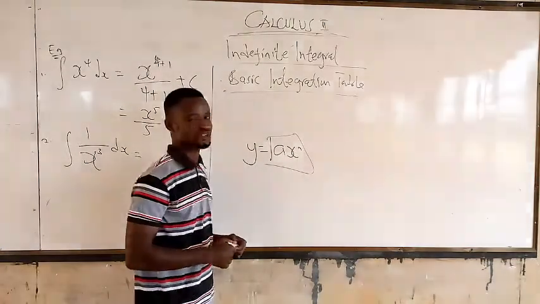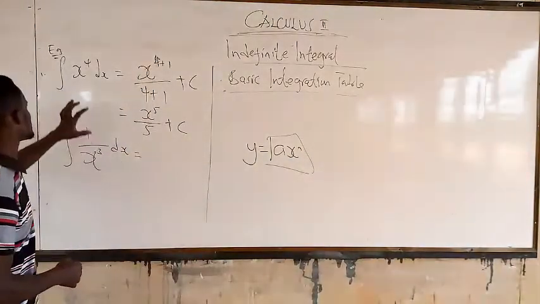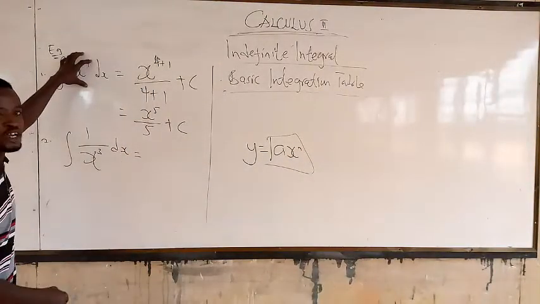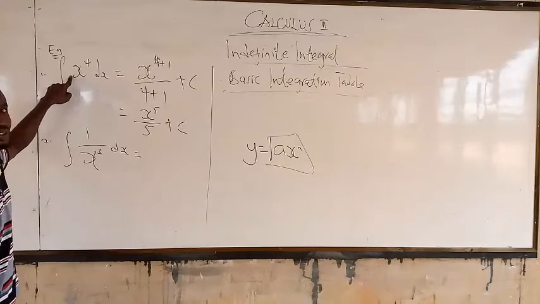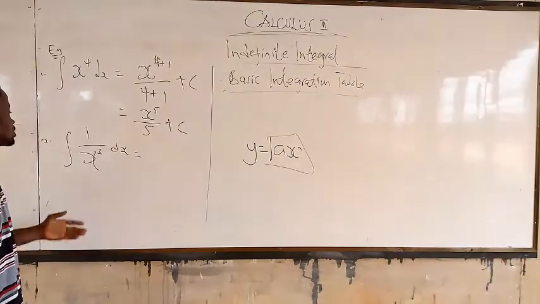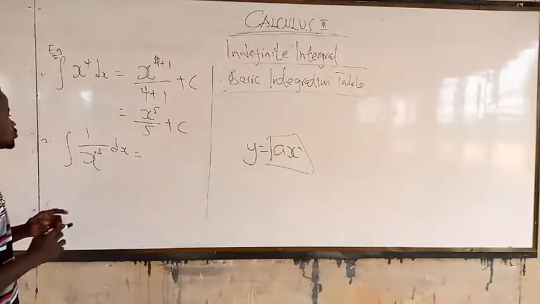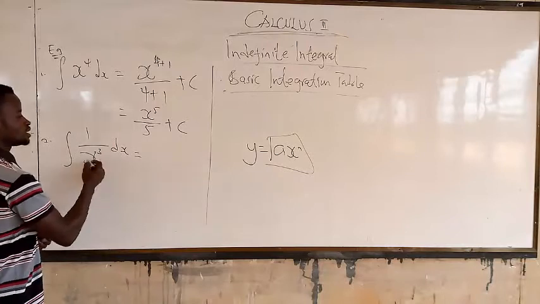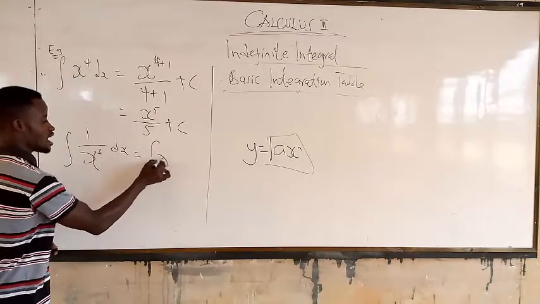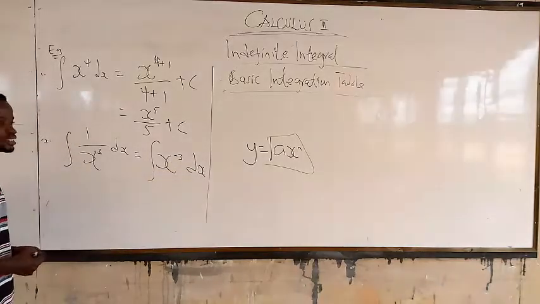You cannot integrate a function if it's not in this form. So looking at the first function, this is properly in this form because we can see the a to be the coefficient, which is 1. The n is this. But this second question is not well in this form. So to make it well in this form, this is the same as s to the power negative 3 ds. I hope you can see that.